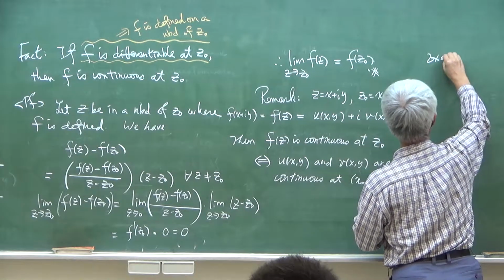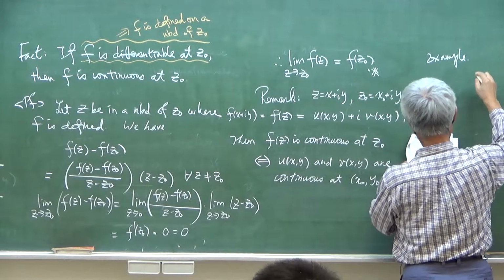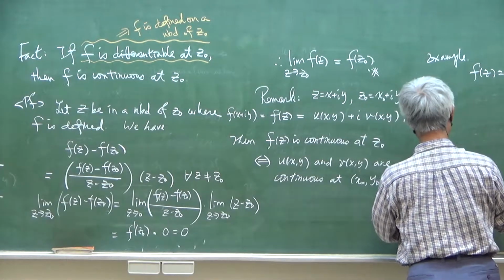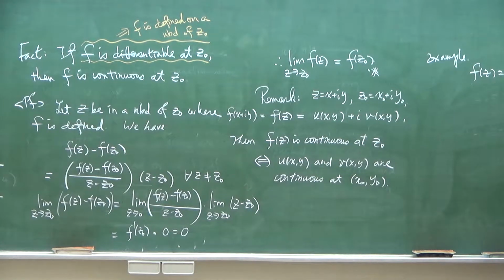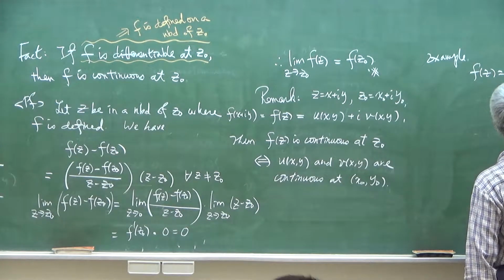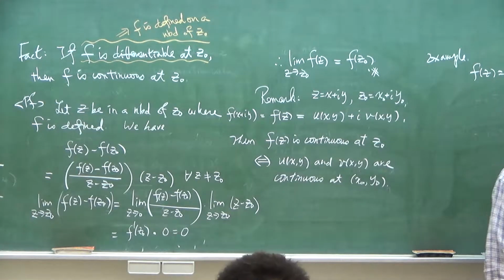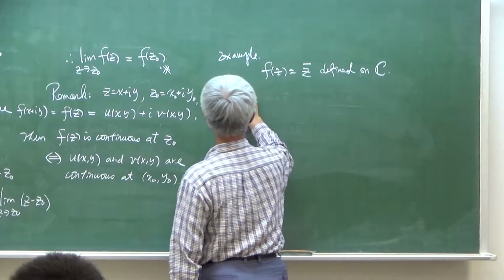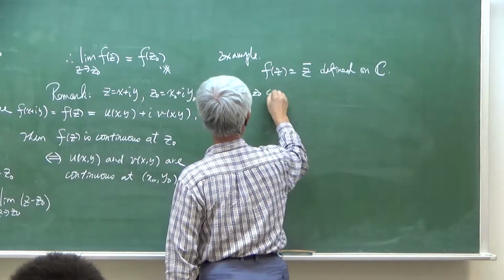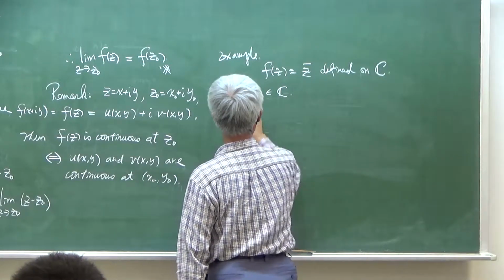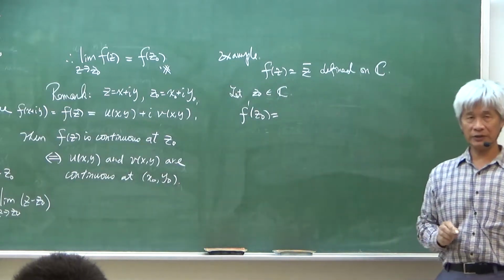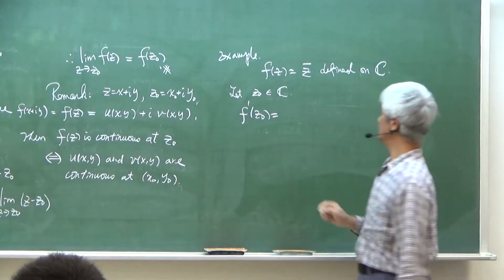An example. A good example is that suppose we define a function. This is a function defined on the whole complex plane, so it's defined for all of the complex plane. We let z0 be in C, and we try to find the derivative of the function at z0.